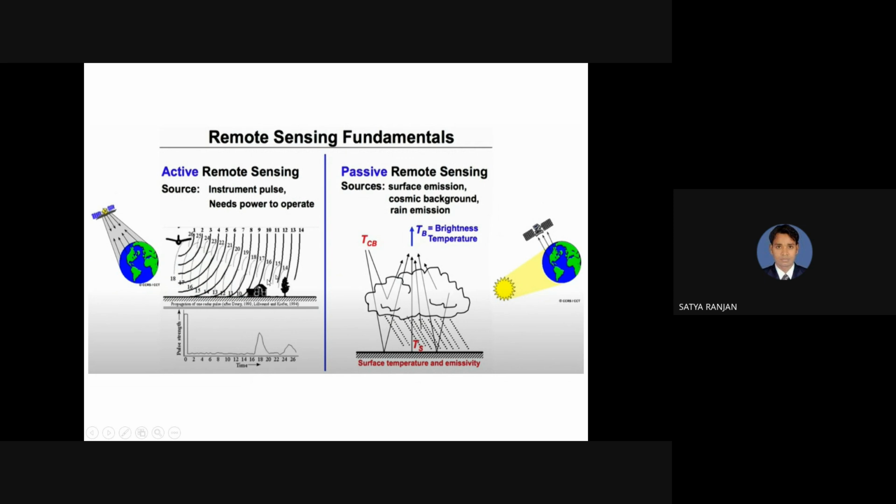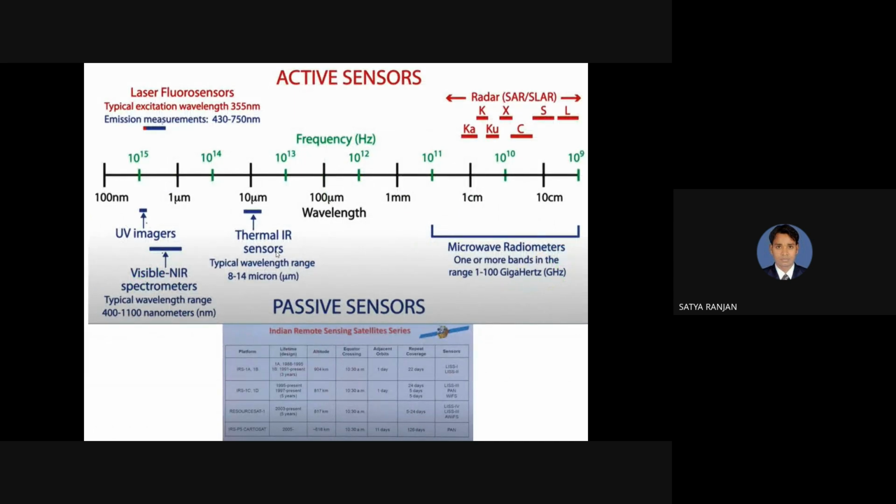Then it shows different graph forms or image forms. These are active sensors like radar and SAR, synthetic aperture radar, laser fluorescence, and LIDAR data, which is useful for height information observations.